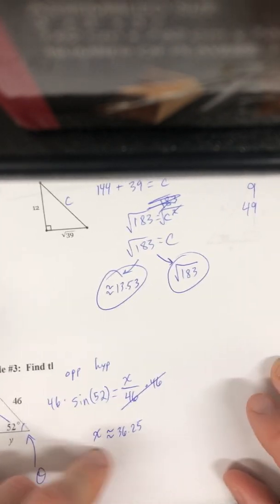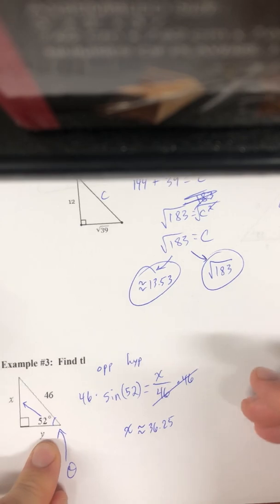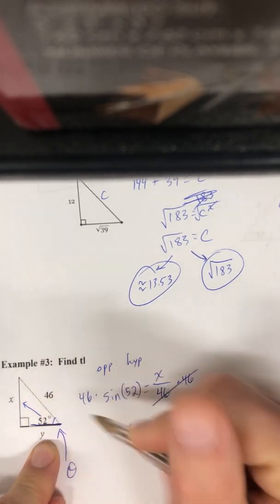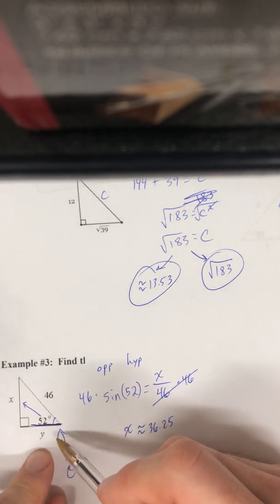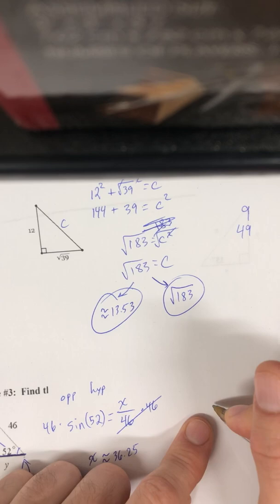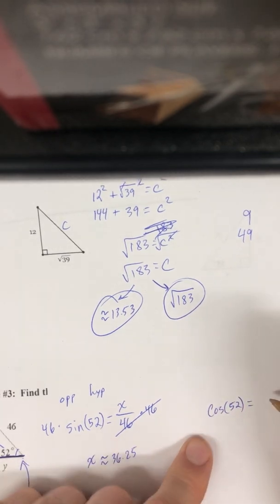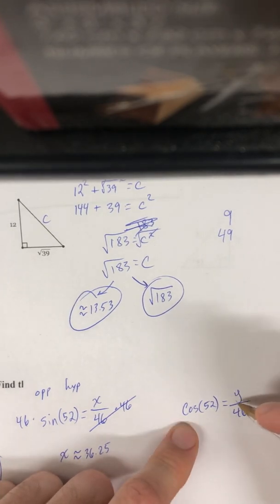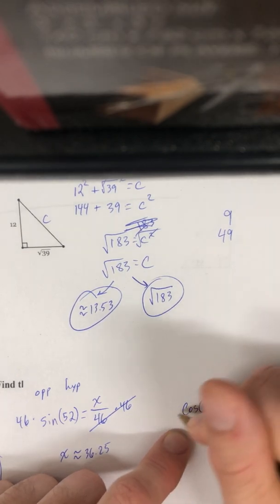Okay, and then for y, start at theta. This is touching theta, so this is the adjacent. So I have the adjacent and the hypotenuse, which is cosine. So cosine of 52 is equal to the adjacent over the hypotenuse. Again, I want to solve by getting y by itself, so I'll multiply by 46.